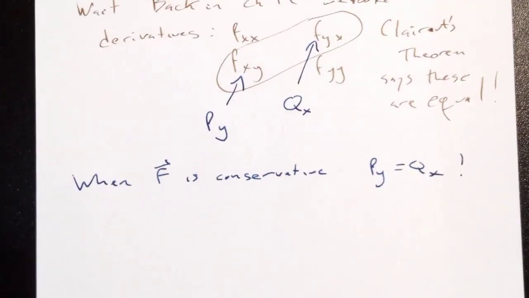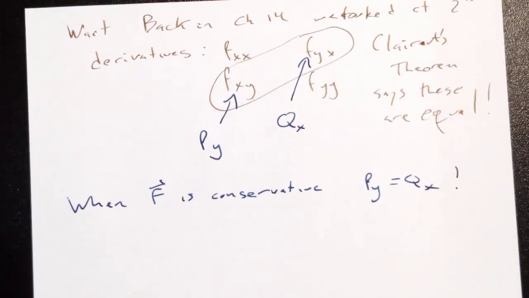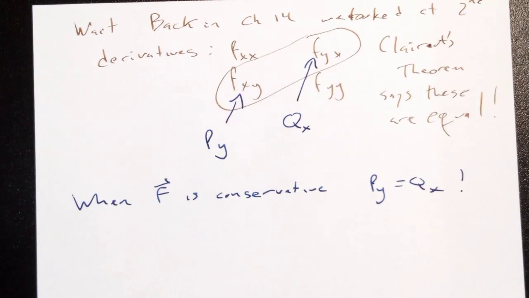Now, right now, I'm not happy with the way that sentence reads, because it says, if my vector field is conservative, then this is true. I really want to go the other way. I need to tweak this just a little bit to be able to go the other way. I really need a little bit more knowledge about the region where my vector field lives.